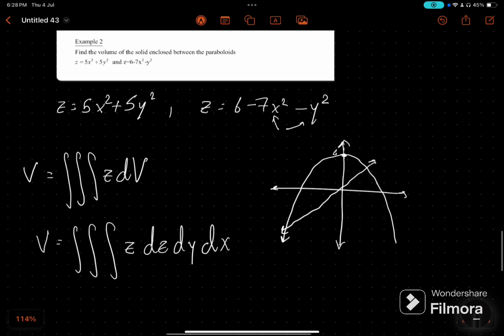And so here our other paraboloid is just when x and y are 0, z is 0, and it opens up. So our graph is basically gonna be this area.